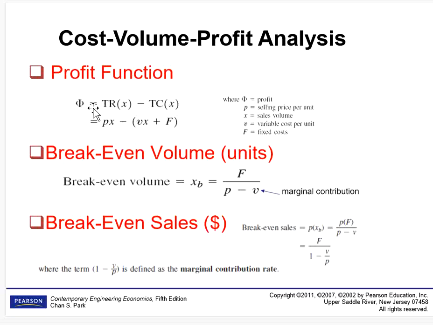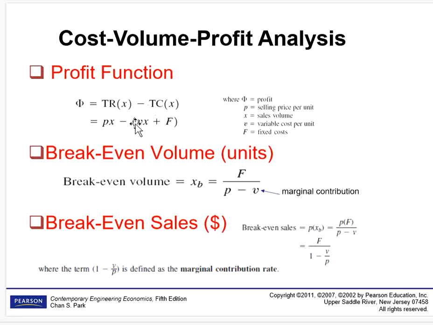What is total revenue? It is P times X. P is the unit price at which we sell something, times X, which is the sales volume or the number of units sold. So this is what we call total revenue or total sales, minus cost.